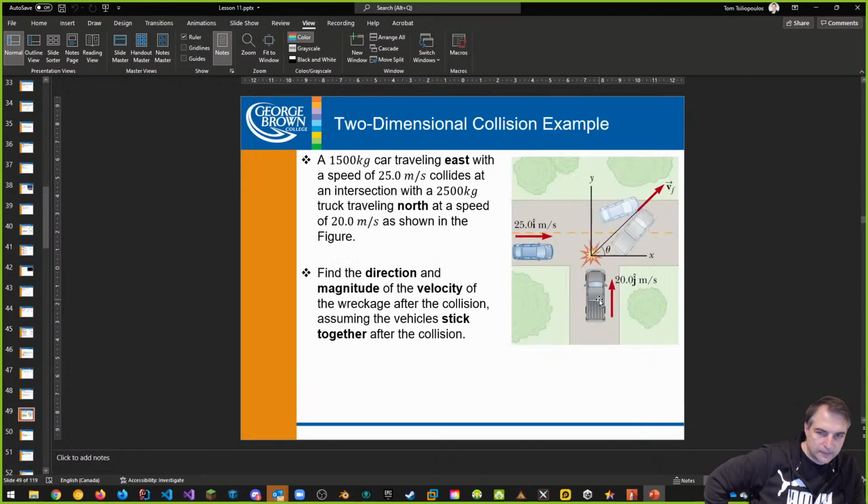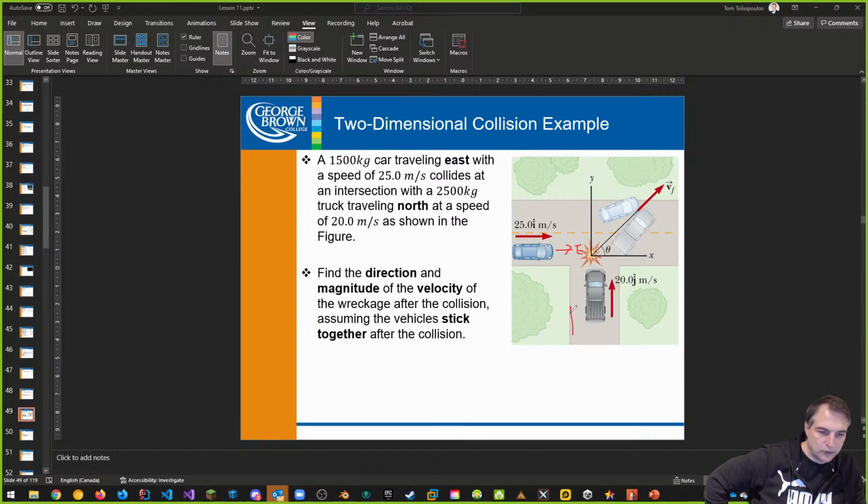Here's another case, in line with what we just talked about, a two-dimensional collision example. In this case, we have two cars coming from different axes, right? A 1,500 kilogram car travels east, this way, so this is east, with 25 meters per second, and collides at an intersection with a 2,500 kilogram truck traveling north.